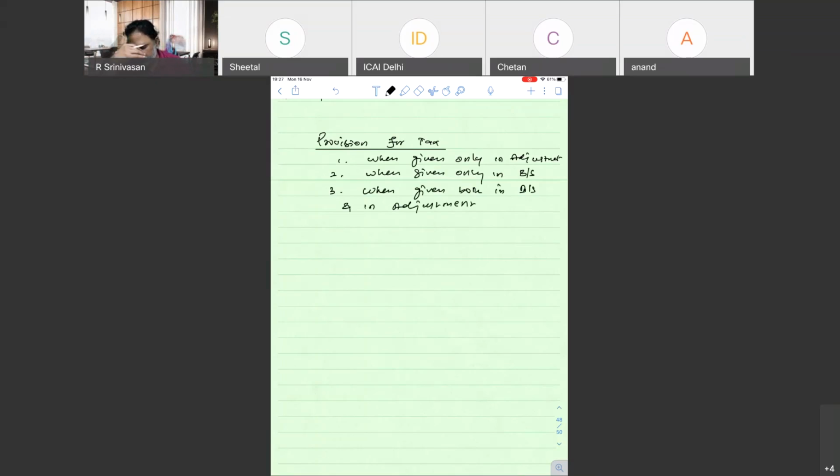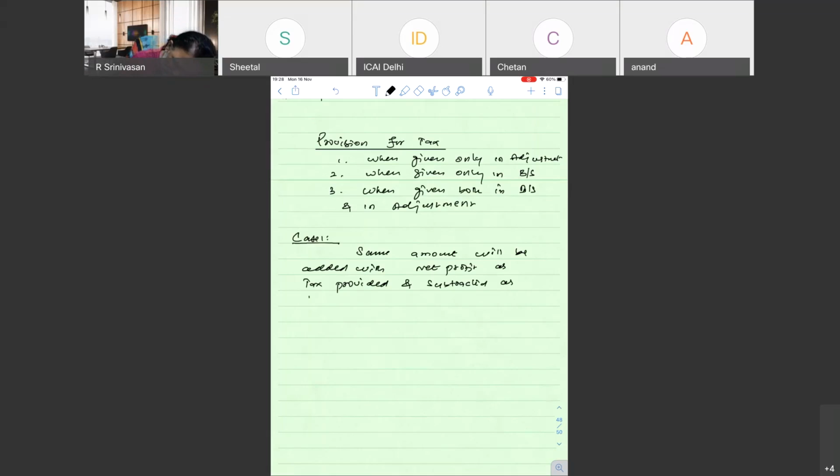In the cash flow from operating activities, we will be adding it with net profit as tax provided, and subtracting it as tax paid. The same amount, in operating activities.